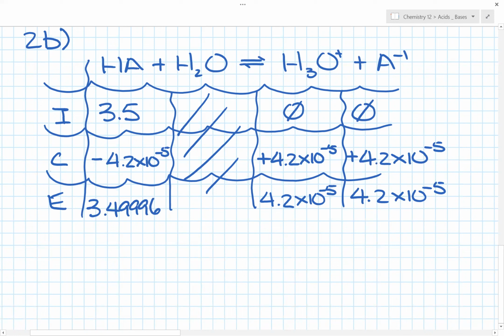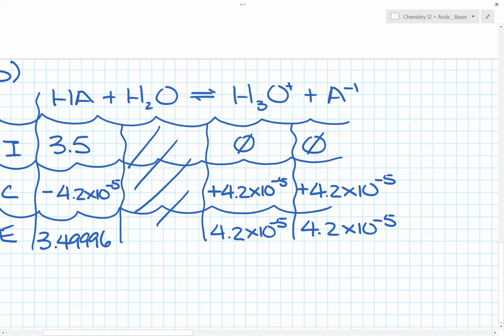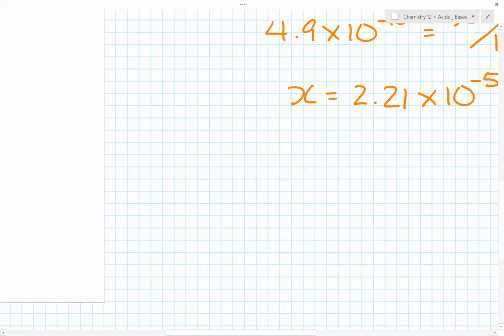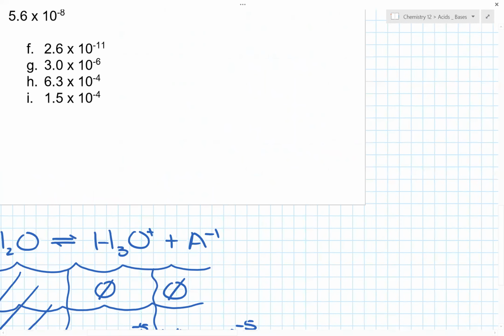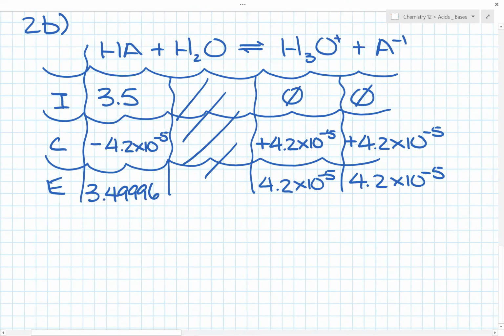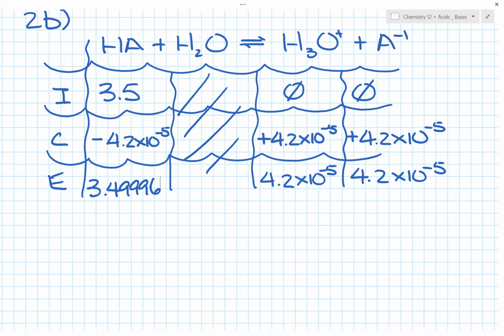Now, some of you might say, well, Mr. Chan, isn't that just 3.5? The answer is yes. And so this goes back to when we were doing our calculations. Remember, I could ignore the x. So here, because the change is so small, we don't have to worry too much about it. So you just plug it in.